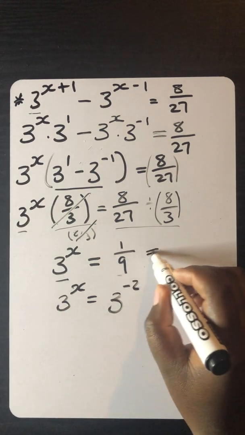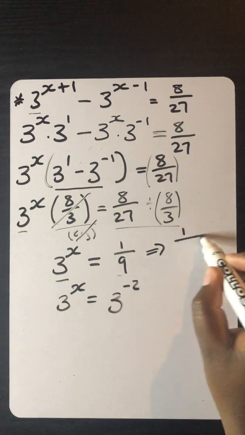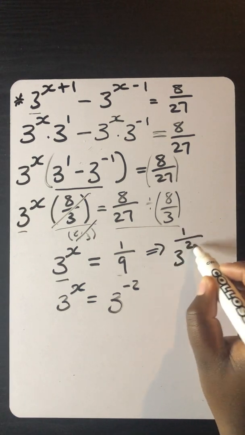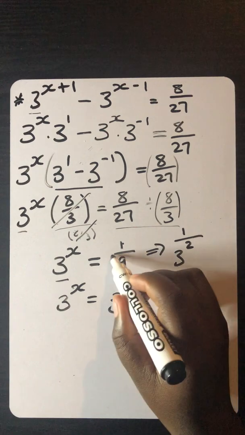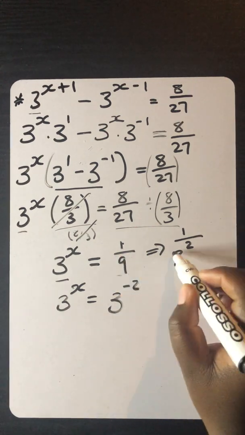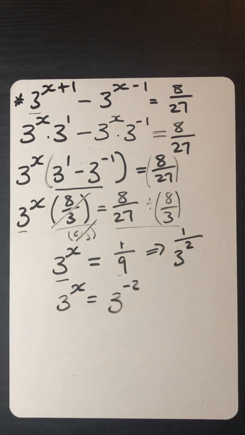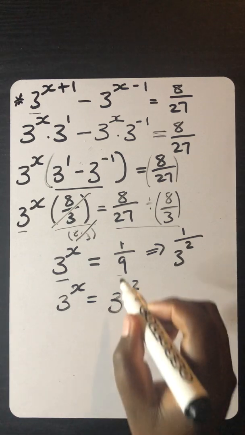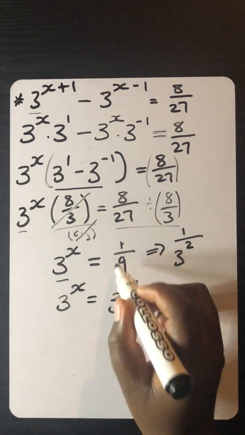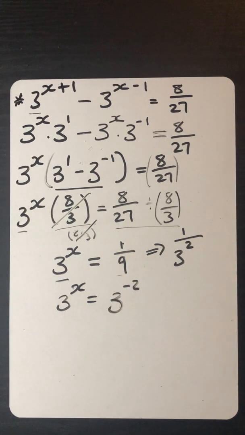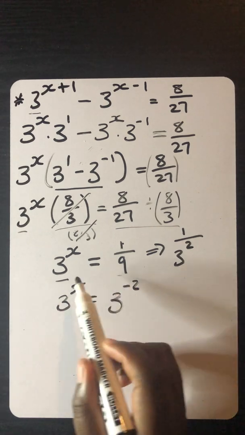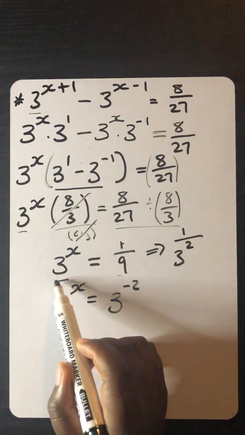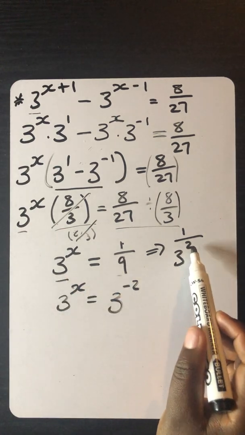Let me just explain that. So obviously this is the same as 1 over 9, which is 3 squared. Remember guys, you want to break down these bigger numbers into the smallest numbers. What guides you is that 3, so you're most likely to have 3 to the exponent something.